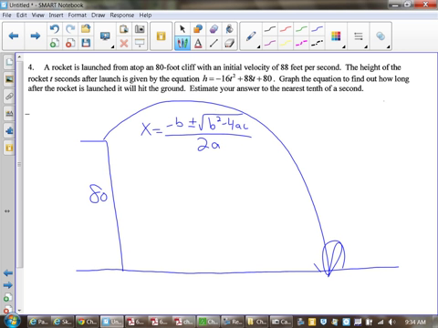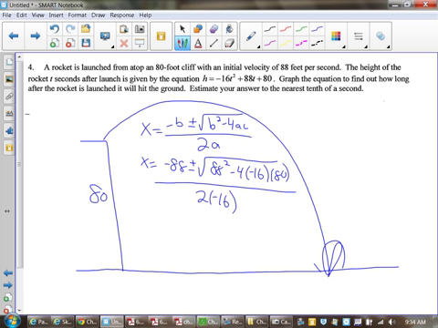So what I do here is start substituting my values, because it gives you the function. So it's negative 88 plus or minus the square root of 88 squared minus 4 times negative 16 times 80, all over 2 times negative 16.